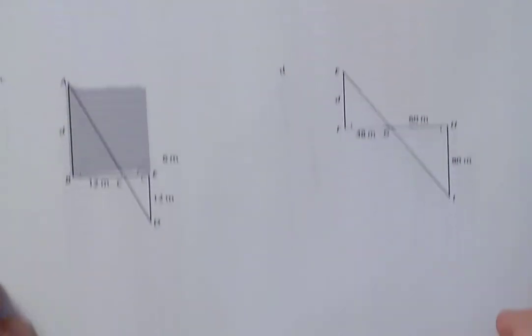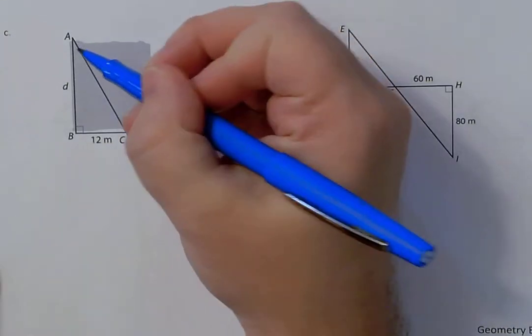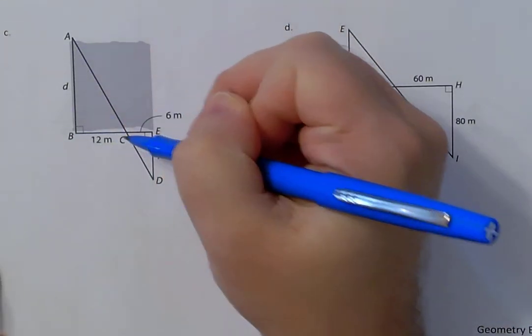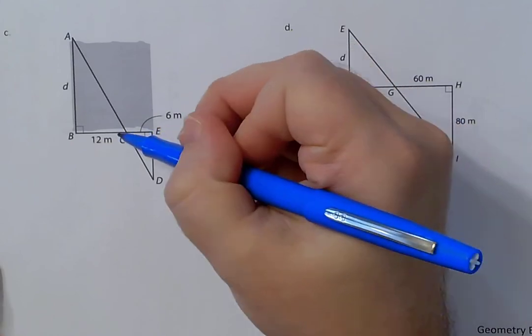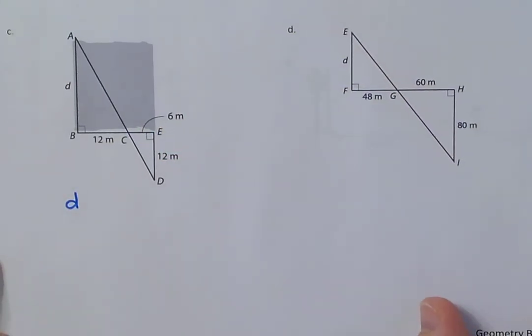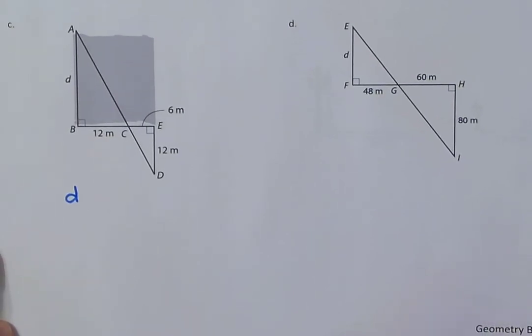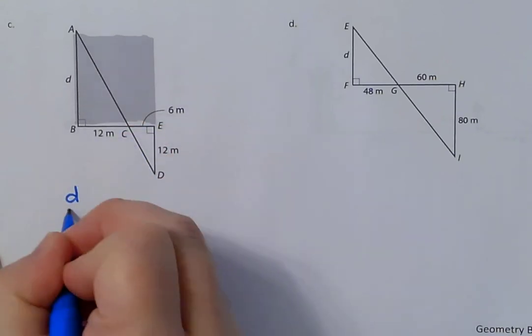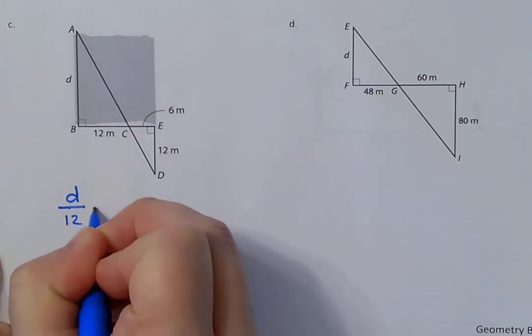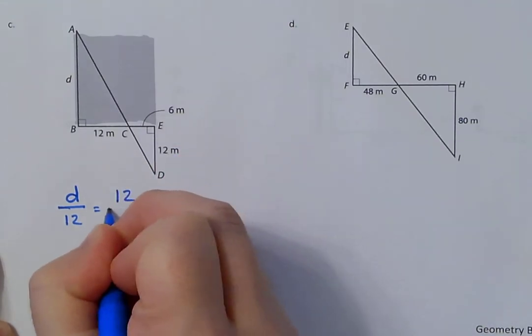Now, parts C and D are going to be the same setup, where you have the distance over the length, the distance over the length. So for part C, we would have d over 12 and then 12 over 6.